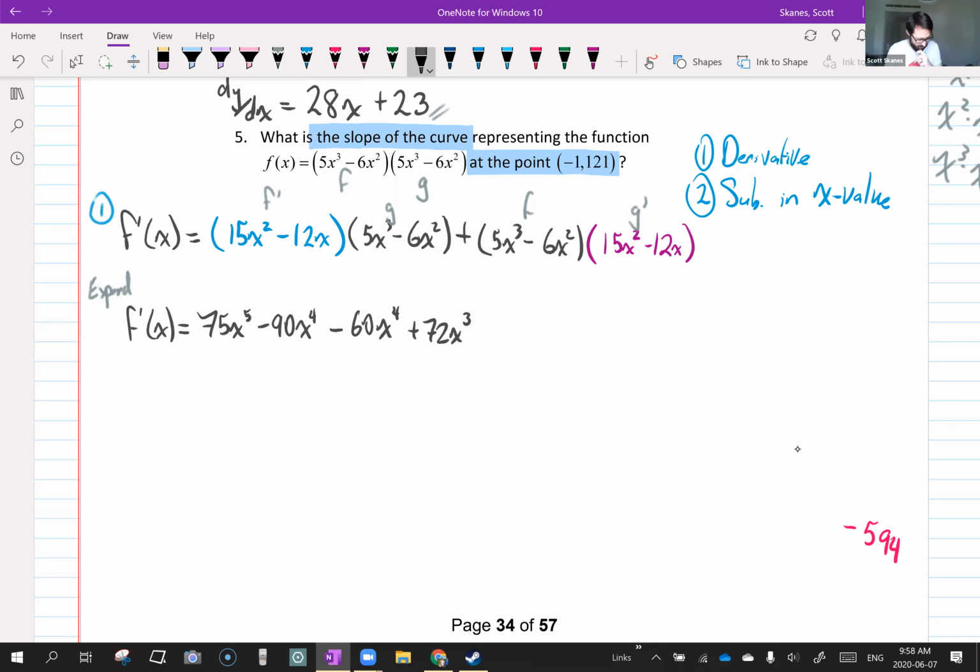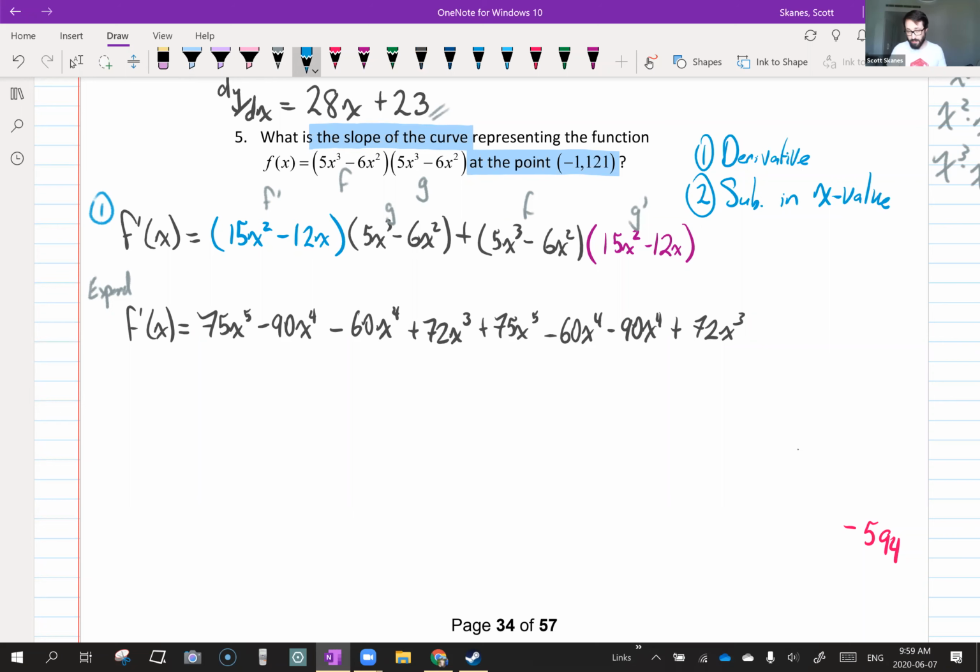Again, I'm just going term by term, multiplying them together, seeing what I get. 75x to the power 5, 60x to the power 4, 90x to the power 4, plus 72x to the power 3. So this is the full expansion.